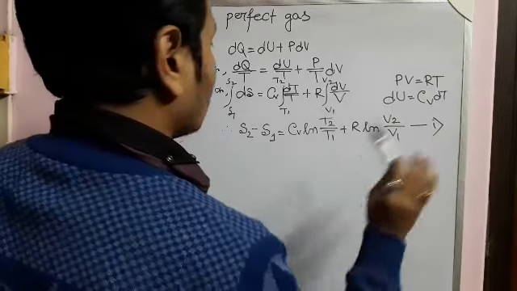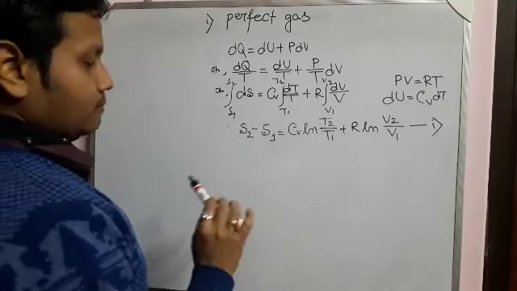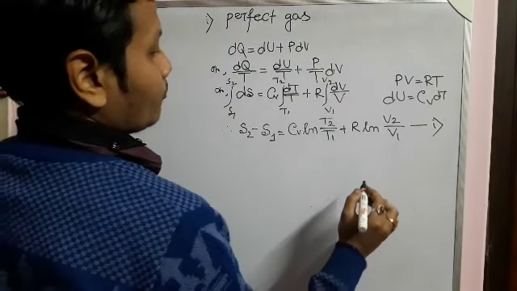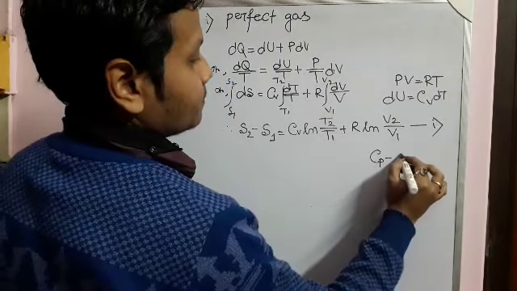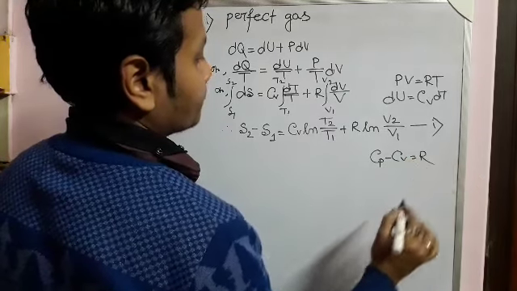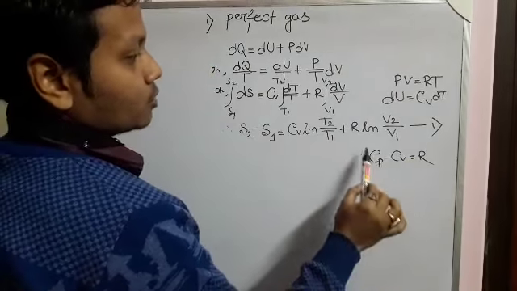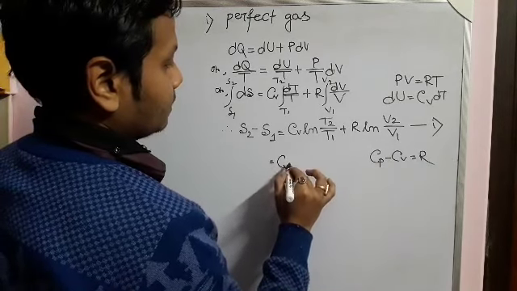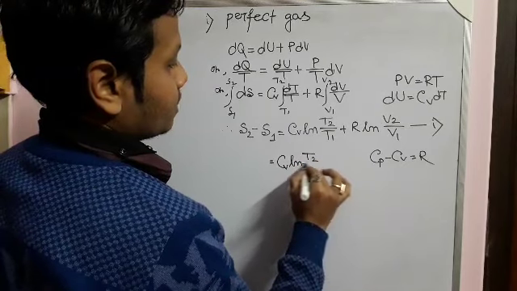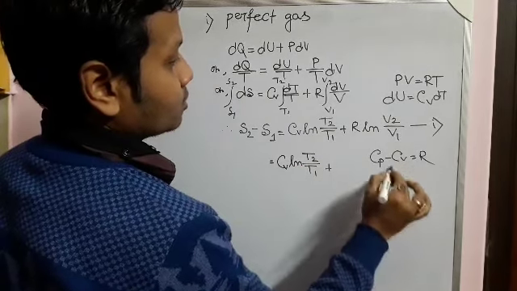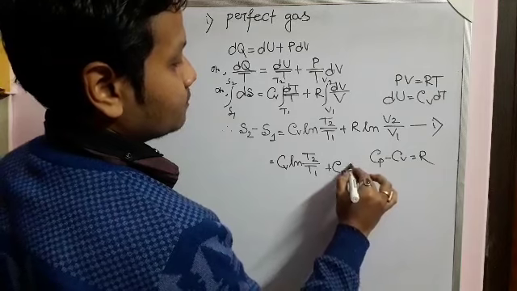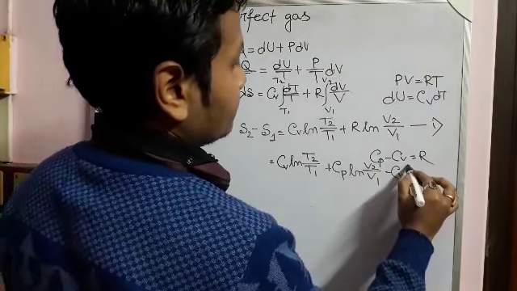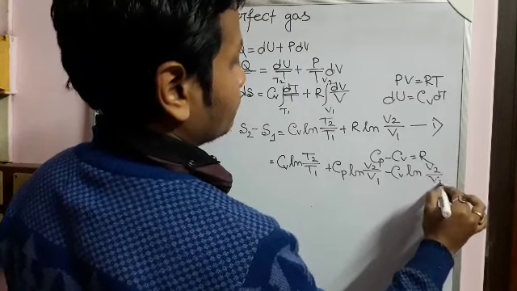Okay, so how we can make it into another form? Now we know for 1 mole of perfect gas, Cp minus Cv equals R. So you can put Cp minus Cv instead of R. So what we get? Cv ln T2 by T1 plus, you put Cp minus Cv instead of R, so Cp ln V2 upon V1 minus Cv ln V2 upon V1.